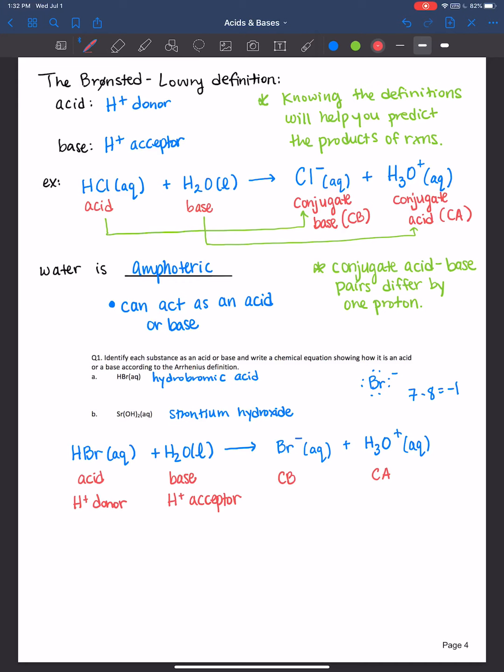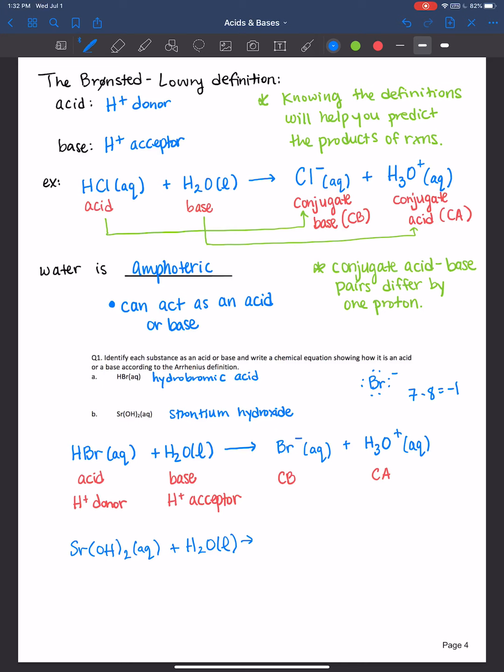We've identified strontium hydroxide as a strong base. Remember, we're mixing this with water. Now this is a little bit different. We're doing the Arrhenius definition here.